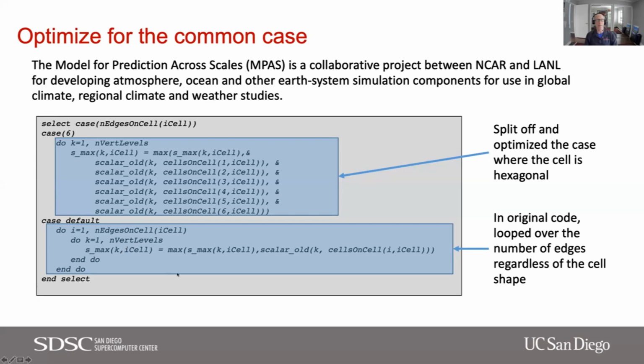And then we'll have the default code that picks up those small numbers of pentagons and heptagons. And that was able to give us a really big speedup. I believe this particular chunk of code ran maybe 40% faster, which, given that this is a global climate code that's going to be running on thousands of nodes, we consider to be a really big win.